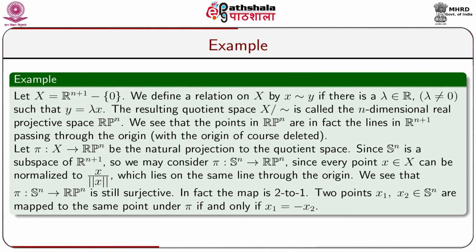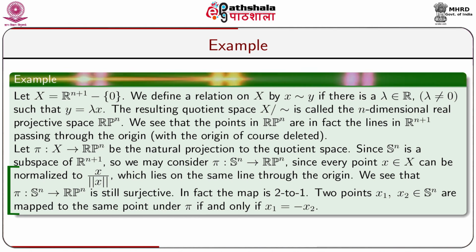Now if we take the quotient topology induced by the natural projection mapping from the Euclidean space minus the origin to this corresponding partition set, then we get a new topological space, a quotient space obtained from R^(n+1) minus 0, called the real projective space.